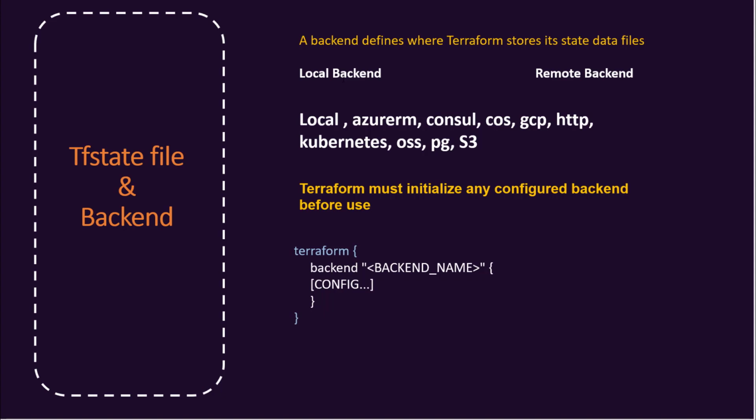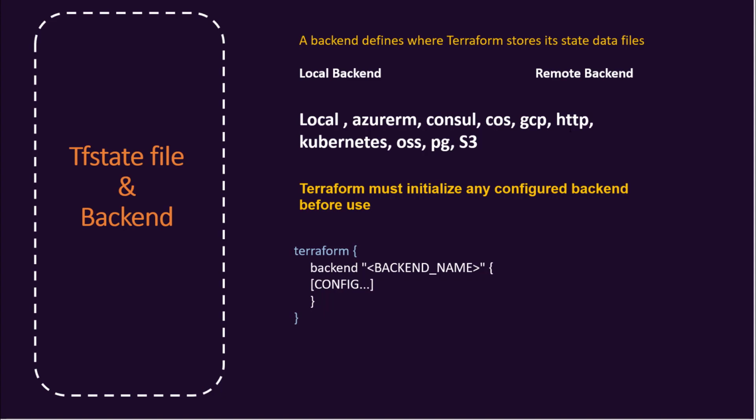At the moment, with the latest version of Terraform, there are some remote backends. AzureRM is a specific backend for Azure, Consul, COS, GCP, which is Google Cloud, and HTTP. We can use the HTTP backend with GitLab.